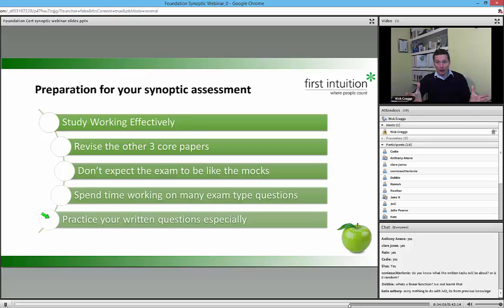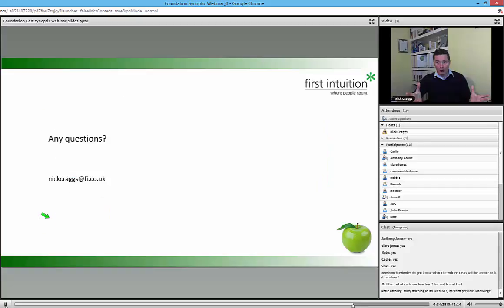So you might have written something that's not in the model answers. You think, oh, it's rubbish, but it might have been a very good point. It's just not the standard answer. You would still get marks for that. Or you might write something you think is really good, and it's just rubbish. So I would strongly suggest, if possible, get someone else to look at your written questions. And above everything, do as many as you possibly can.